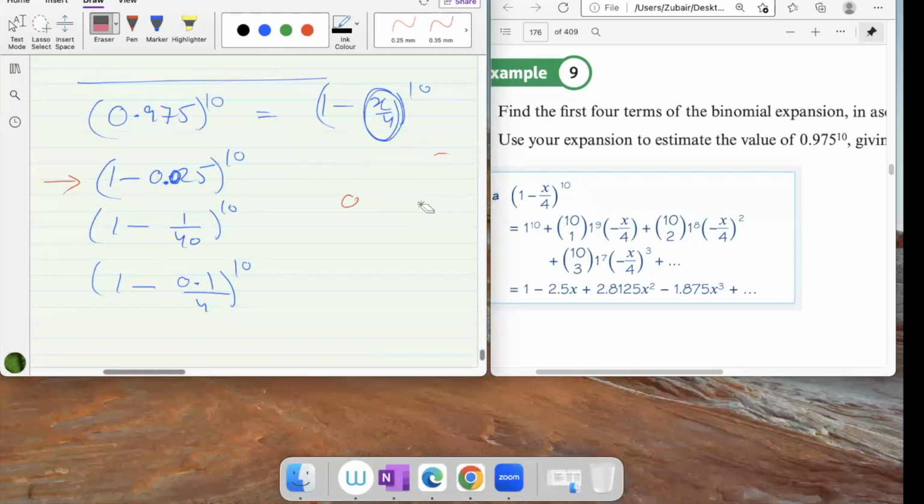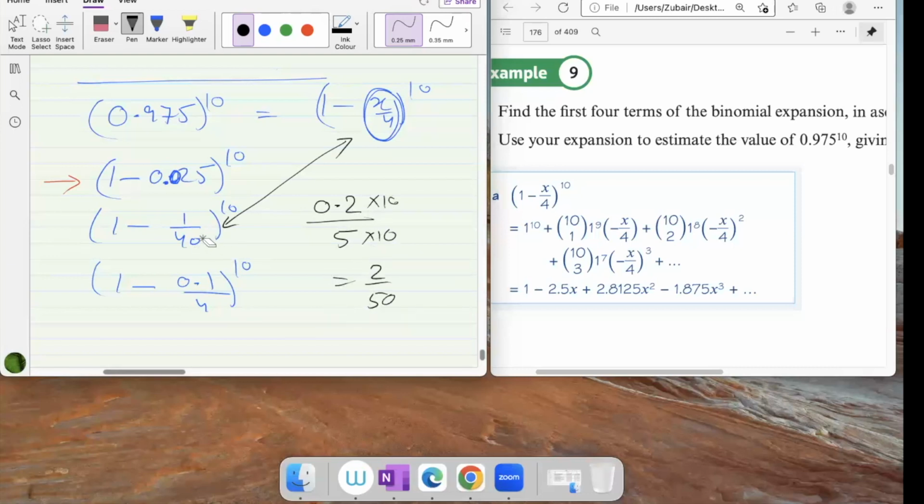So after writing this in the third step, this 0.025 is 1 by 40. When it is 1 by 40, I needed to compare with this one. So I should have something like 4 in denominator to know the value of x. And if you remember, when we had questions like 2 by 0.2 by 5, we used to multiply both numerator and denominator by 10 to get 2 by 50.